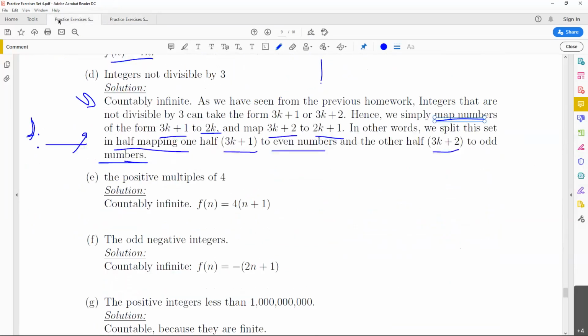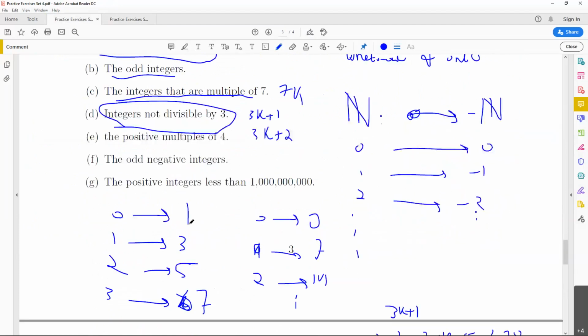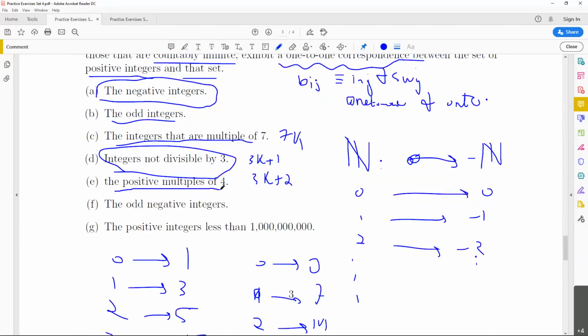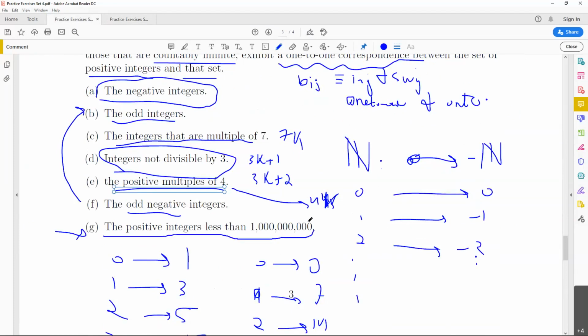Are they all countably infinite? Positive multiples of 4. Again, I think it's 4k, kind of like part C. Odd negative integers. Kind of like part B, but without the positives. Okay, great. Finally, part G, it's not countably infinite.